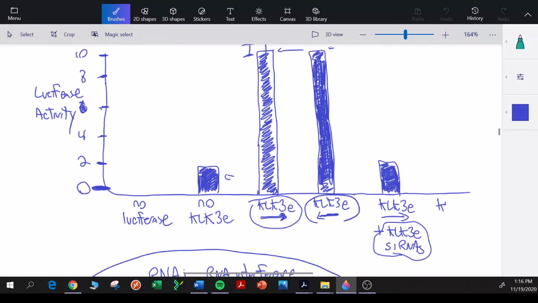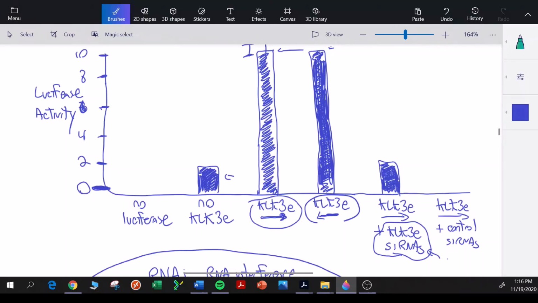Their control experiment is the KLK3 enhancer plasmid with the enhancer in the forward direction, plus control siRNAs. So usually the control siRNAs have the same nucleotides that are in, let's say, the KLK3E siRNAs, but they're shuffled.